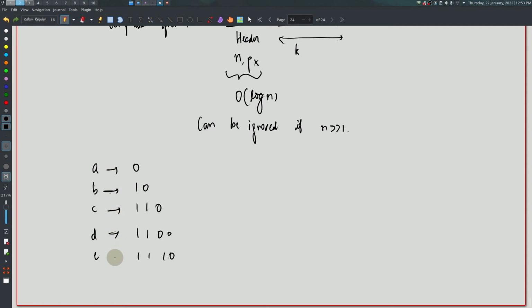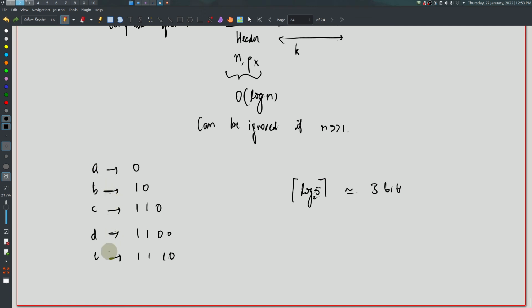Okay, for simplicity. Now, if you didn't do any compression, the naive way of storing this would be using fixed length binary, right? So you would need ceil of log 5 to base 2, which would be equal to 3 bits.